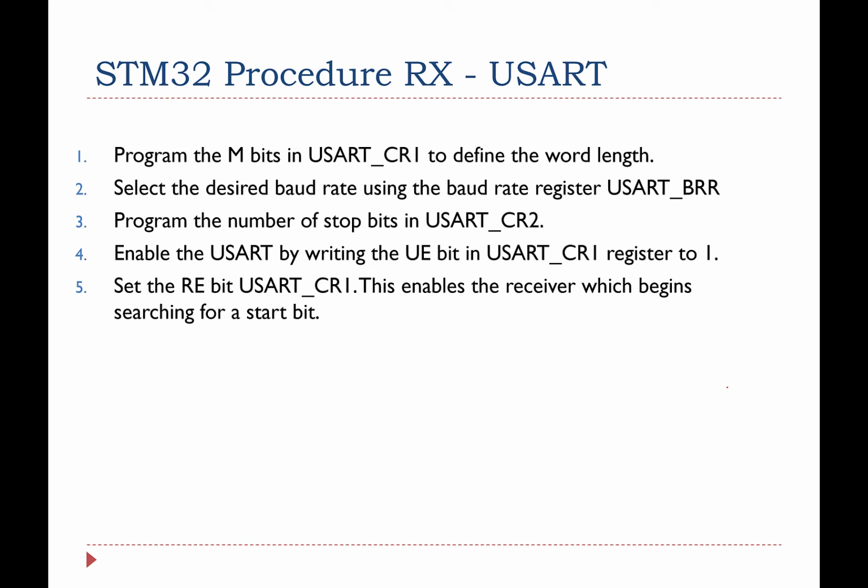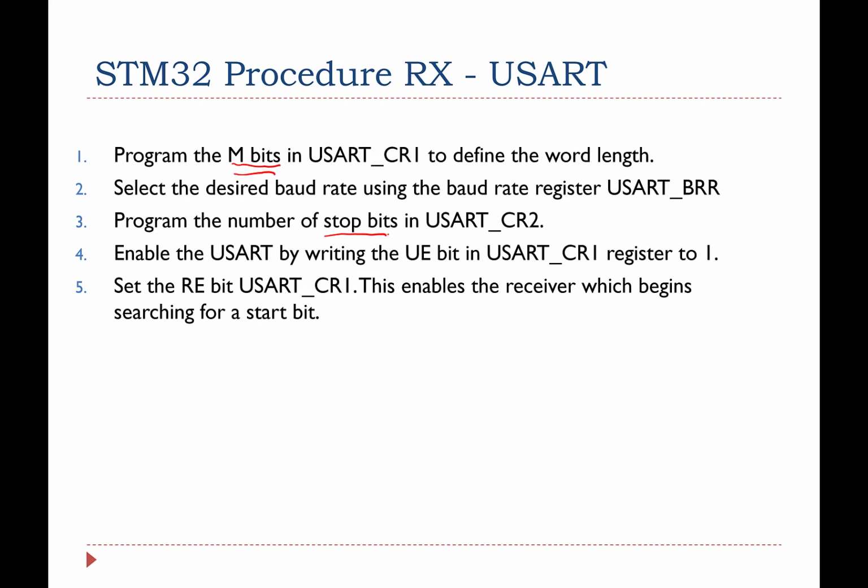Okay, the receive process is pretty similar. You can see that, again, we've got to program these M bits, which we'll talk about, in the CR1 register to define the word length. We also have to select the desired baud rate, same thing. Of course, the send and receive should be set up to have the same baud rate, or it will be a problem. We again have to select the stop bits in the CR2 register. Now the difference basically comes here with step 4.